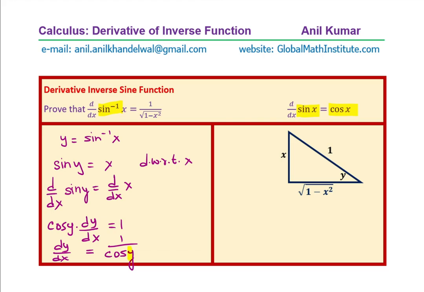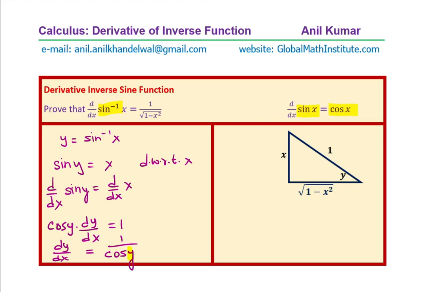Does it make sense? Take a moment to understand this step. Very beautiful, right? So basically, the derivative of sine inverse x is 1 over the derivative of sine x, where x equals y, because it is for the inverse function. So we get our answer.